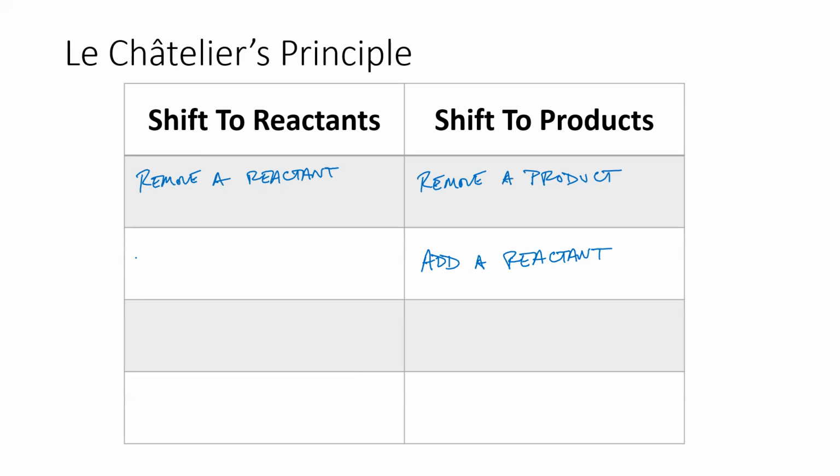If you add more of a reactant, it's going to want to shift to products, get rid of some of that reactant. Same if we add some products, it's going to shift back to reactants. It's going to convert some of those products back to reactants.